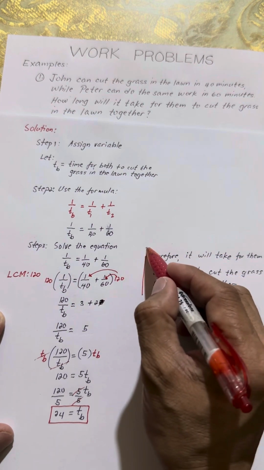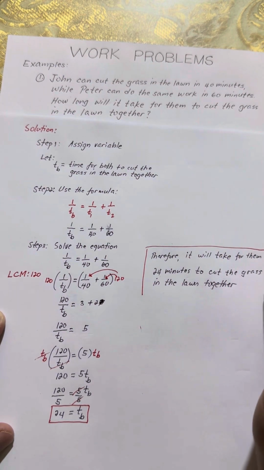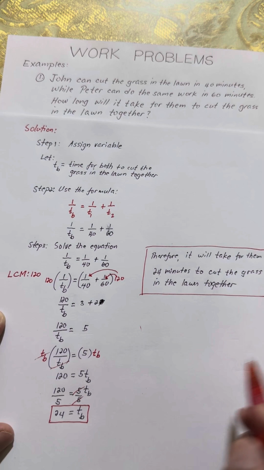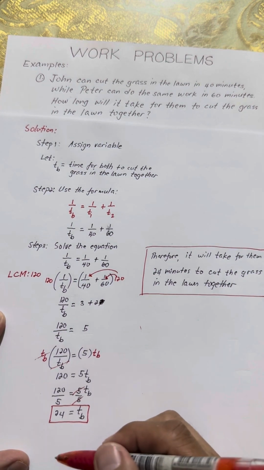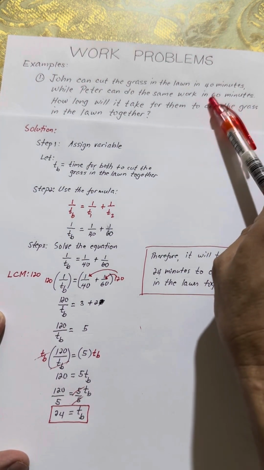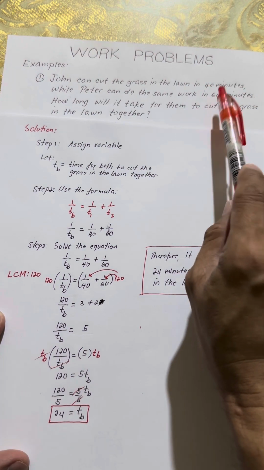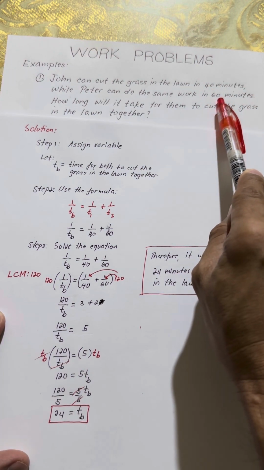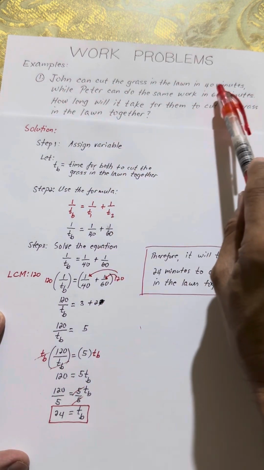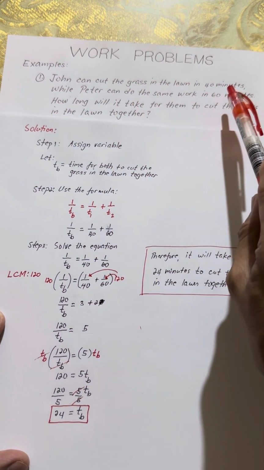So the hint here that our answer is correct is that the answer should be less than the lesser number of time spent by each individual in doing the job completely. For example, John finished it in 40 minutes. Peter finished it in 60 minutes.